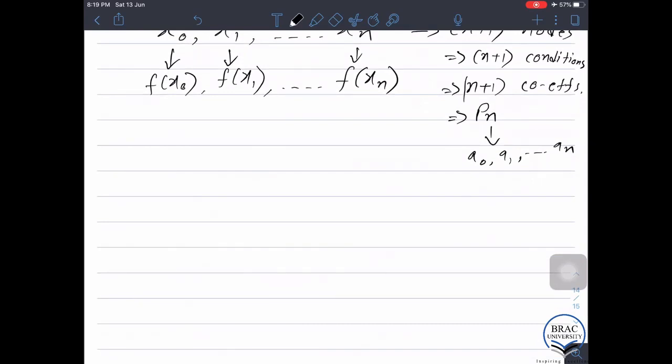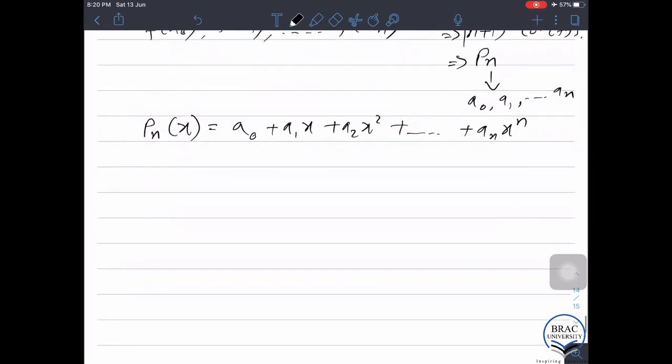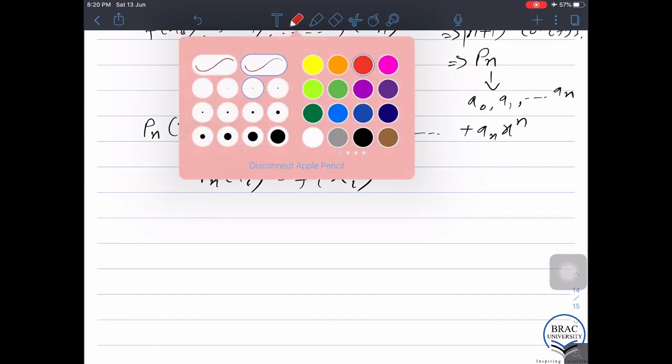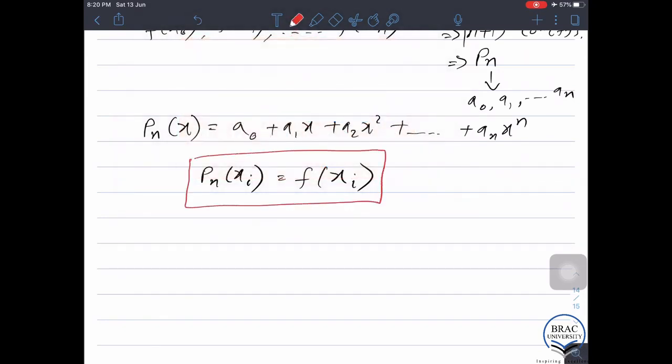My polynomial Pn of x is in general a0 plus a1 x plus a2 x squared plus up till an x to the power n, right? So my conditions are that Pn at xi, meaning the nodes, i from 0 to n, should be the value of the function, right? That is the principle that we have been using. Please remember this is very important. This is how we do polynomial interpolation, and this will be used throughout this chapter, and wherever you need polynomial interpolation, you will use this.